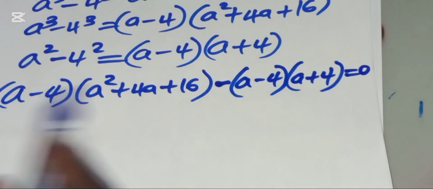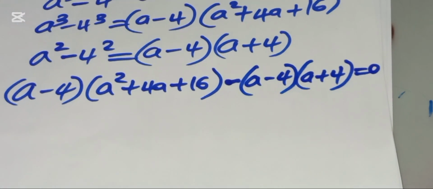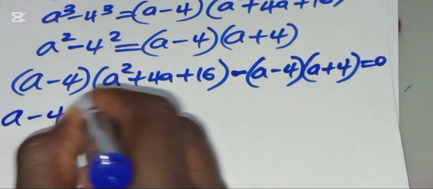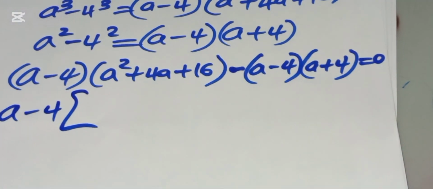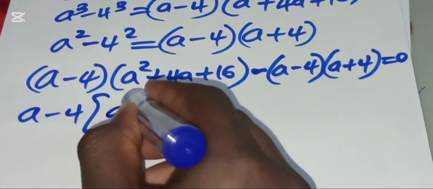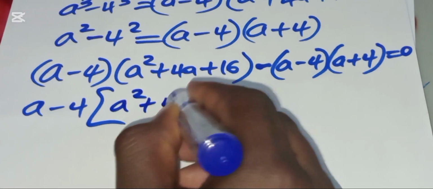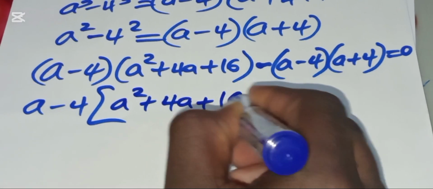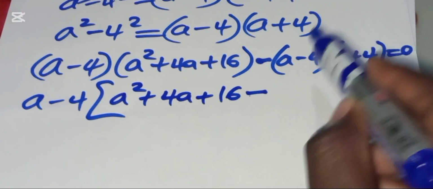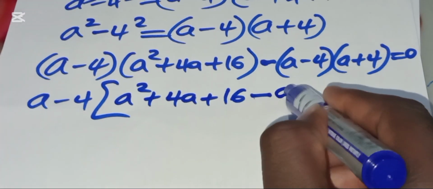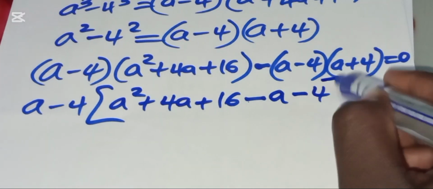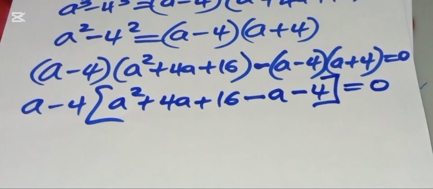As you can see, a minus 4 is common, so we can factor out a minus 4, so that we have a squared plus 4a plus 16. Now subtract, we have a plus 4 here, so this is negative a minus 4. All of this is equal to 0.